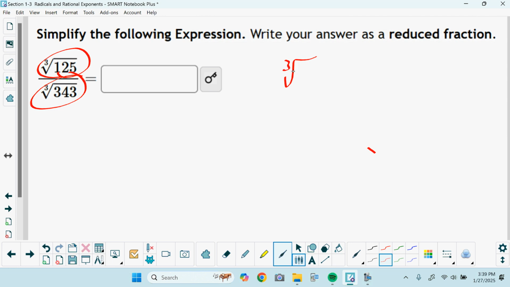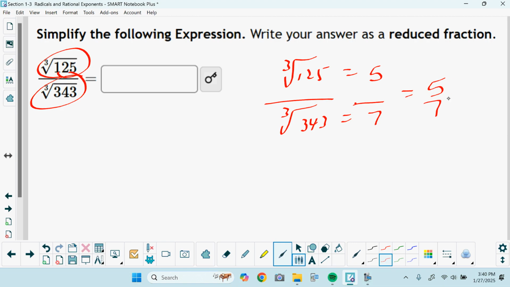The cube root of 125, well, ladies and gentlemen, that is just 5. And the cube root of 343 is nothing more than 7. So that simplifies down to 5/7. So sometimes they'll give you perfect cubes like that.